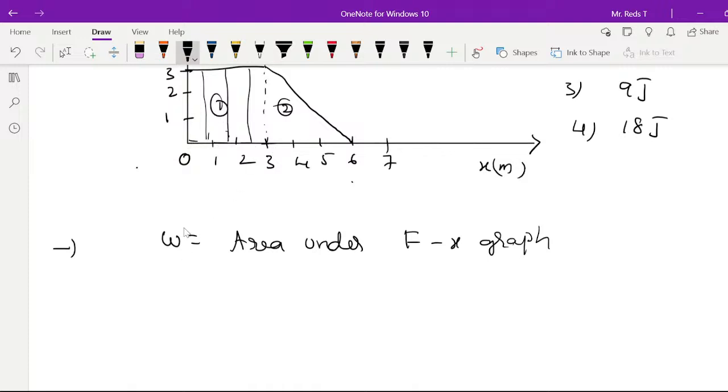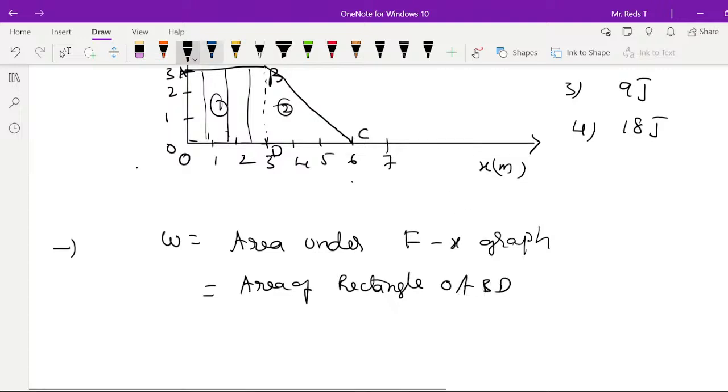For the simplest form, you can mark this as O, A, B, C, D. The area under the Fx graph is equal to the area of OABD plus the area of triangle BCD. OABD is a rectangle and BDC is a triangle.